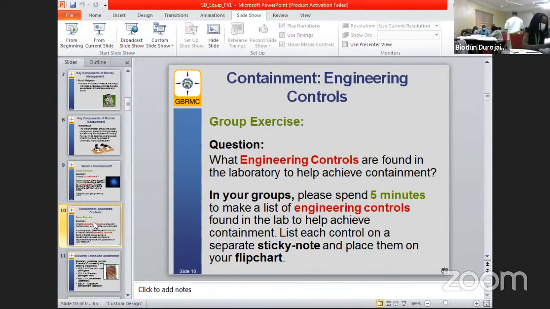We are going to do it group by group. Please, group one, use pink sticky notes. Group two, use lemon sticky notes. Group three, please use pink sticky notes. Which one remains? Orange. Okay, group four, use orange sticky notes. Group five, use yellow sticky notes. Thank you.